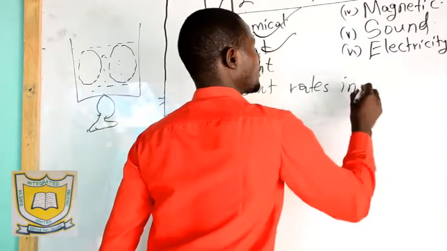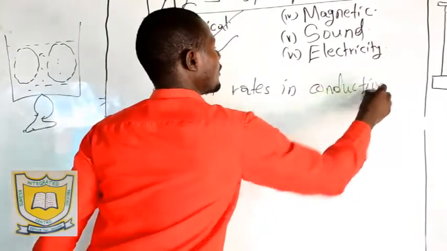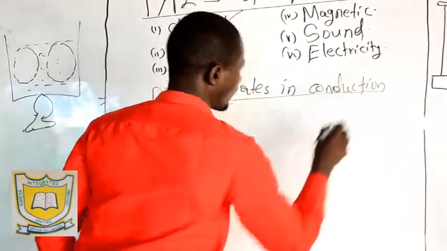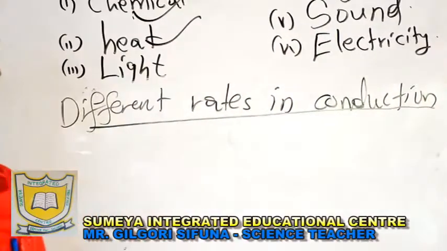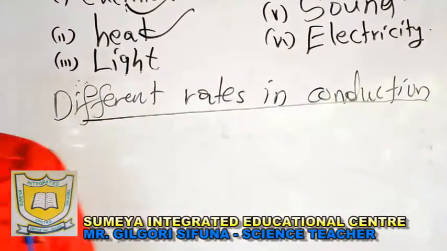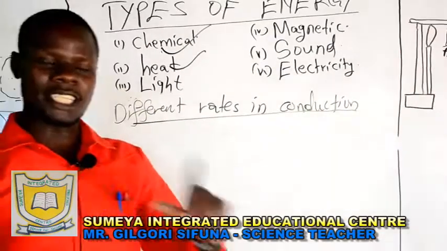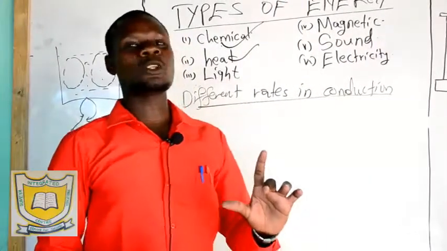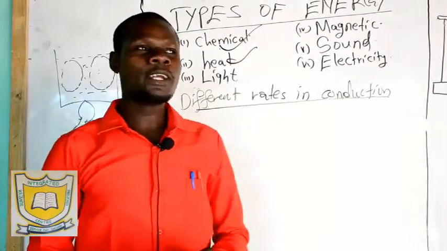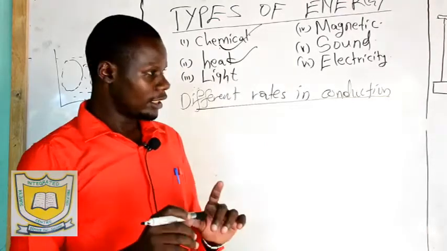You find that there are different materials, different metallic materials. So you will find that there is a metal which is conducting heat faster than the other one. If you perform an experiment and you start heating those metals at the same time, you will find that they are conducting heat differently.